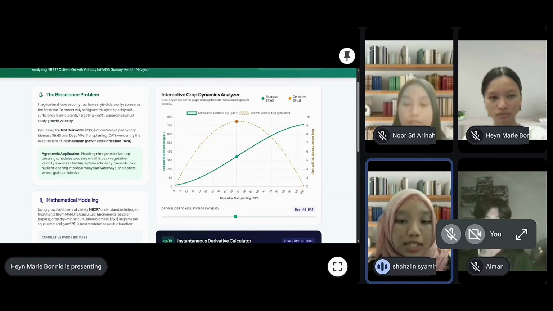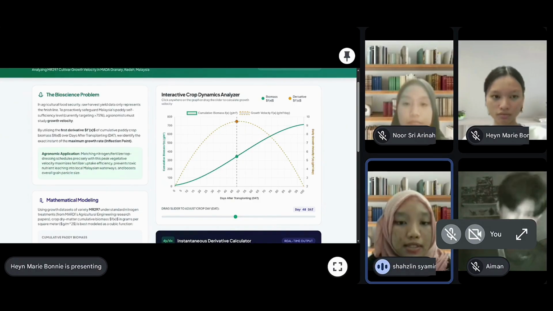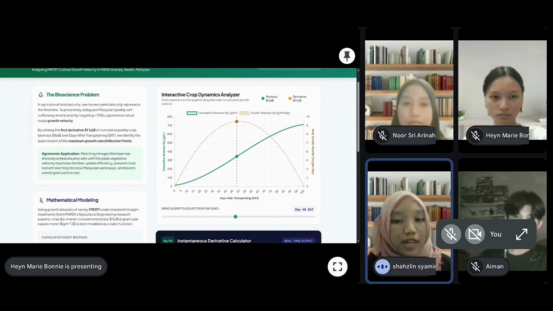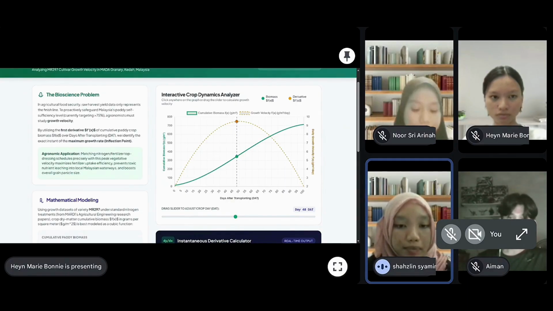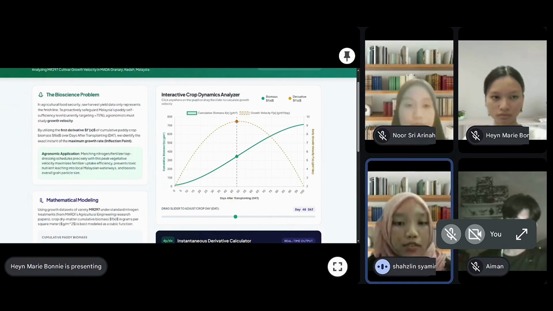We must study growth velocity. By utilizing the first derivative, f'(x), of cumulative paddy crop biomass over days after transplanting, we can identify the exact point of the maximum growth rate, also known as the inflection point.